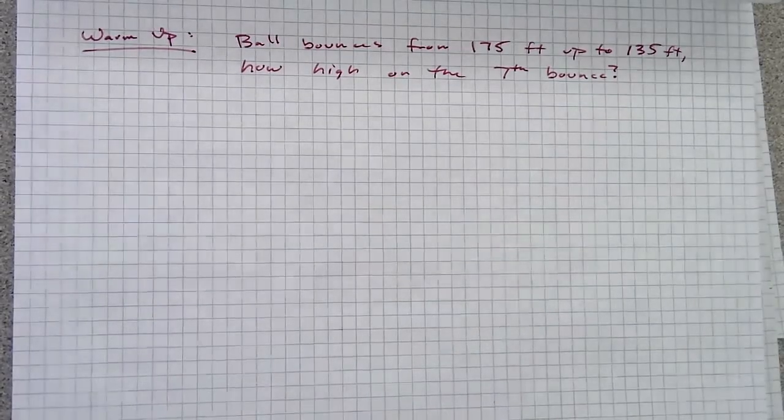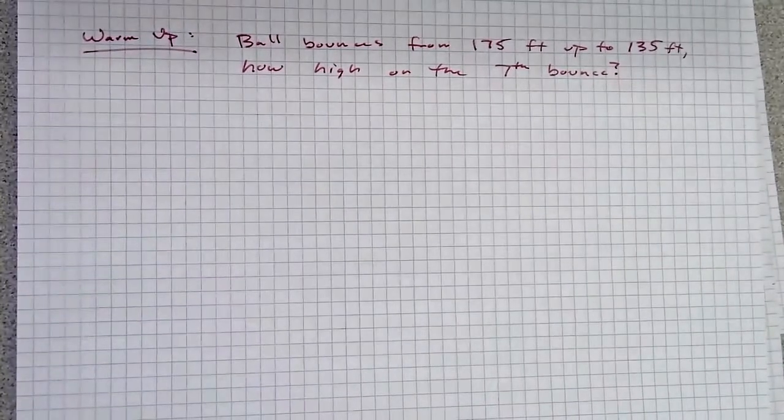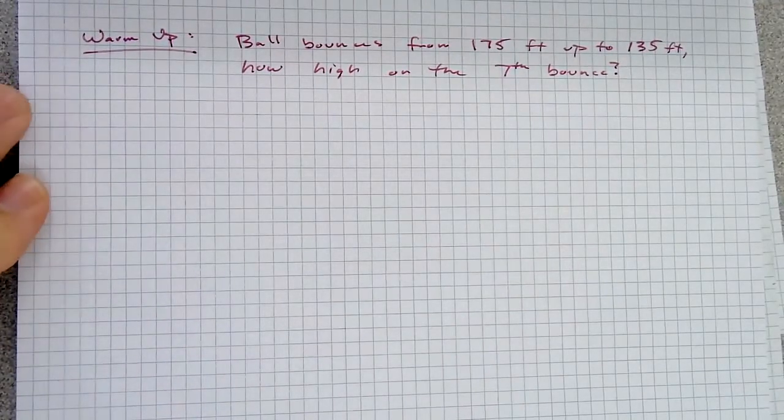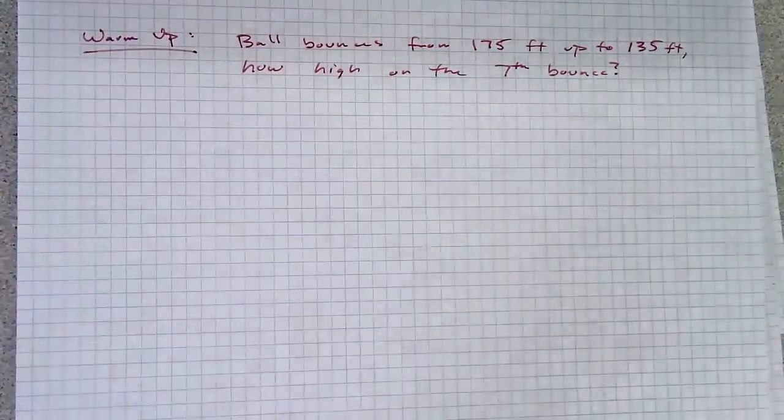All right, so a little review from last class. We got a bouncy ball or whatever. It's dropped from 175 up to 135. So we have to find the rebound ratio first.